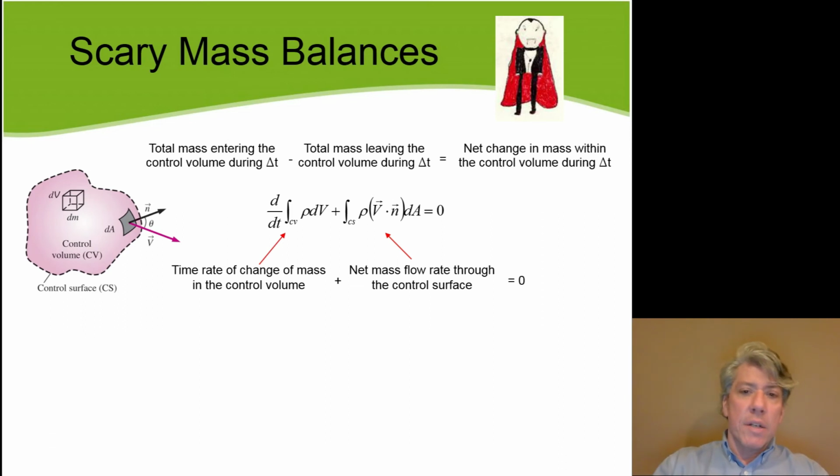So you see that integral in the second term is the integral over the control surface of, well, what exactly is that? If you look at it, the v is a velocity vector and the n is a normal to the surface. Now, for reasons I won't go into, you need to take the dot product between the velocity and the direction of the normal to the surface to actually come up with the proper mass flow rate.